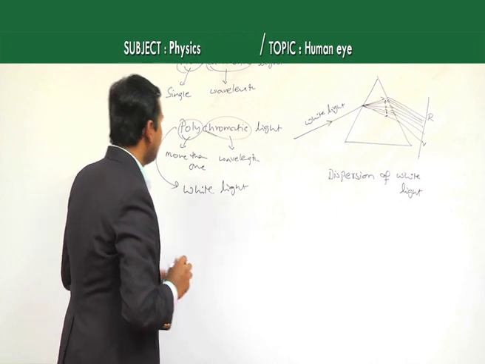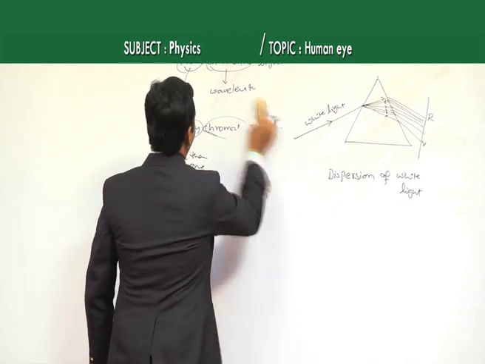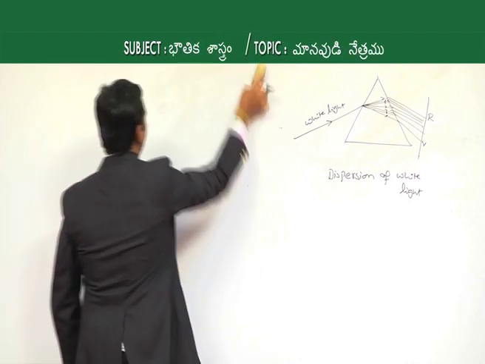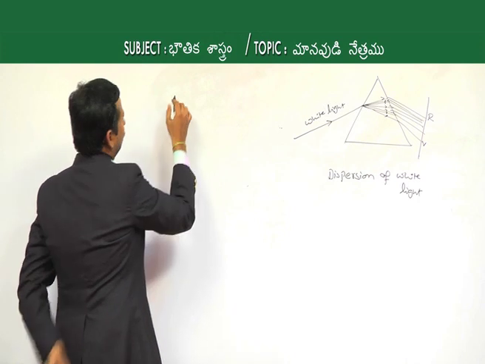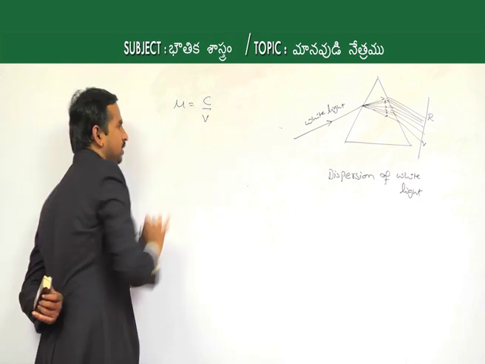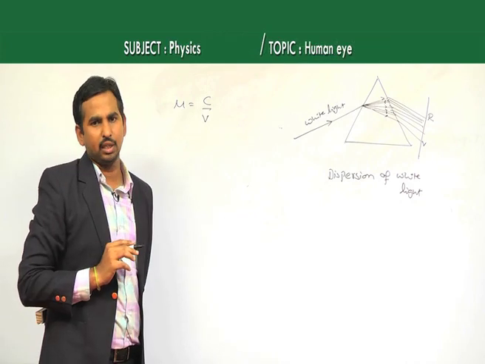As we already know, the refractive index is related to velocity: mu is equal to c by v, where c is the speed of light in vacuum and v is the velocity of light in the given medium.